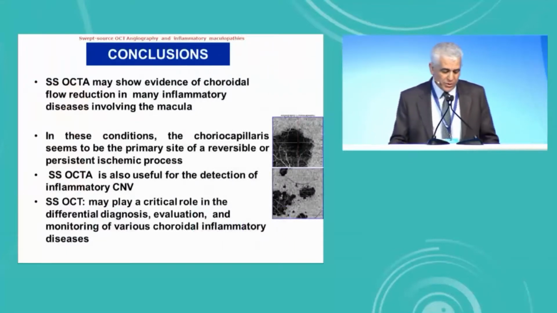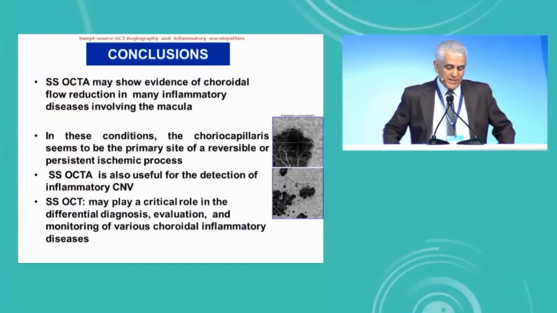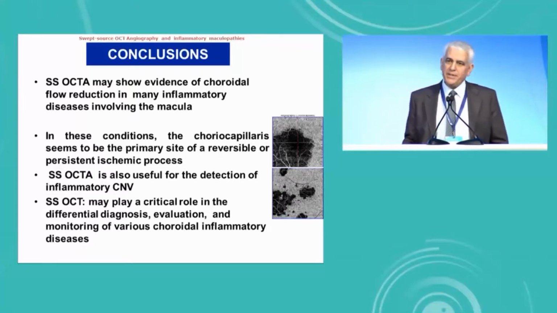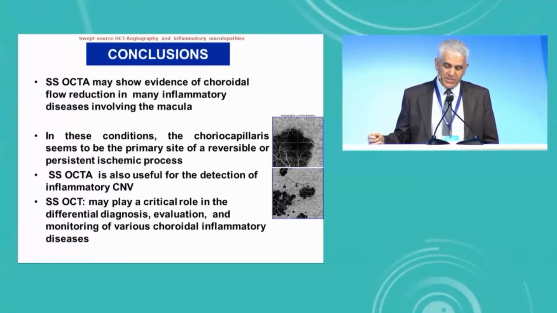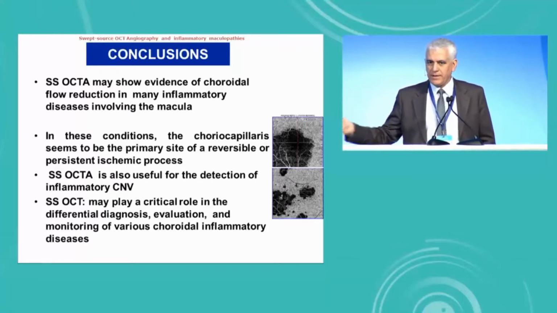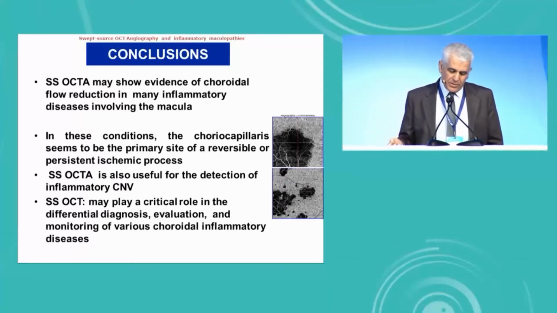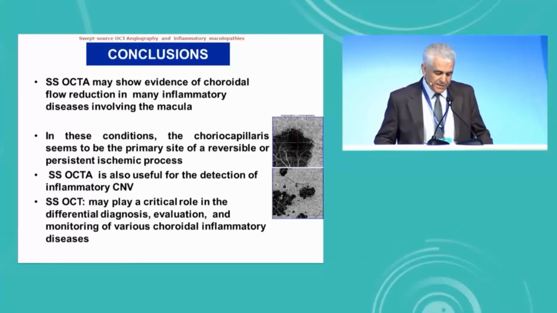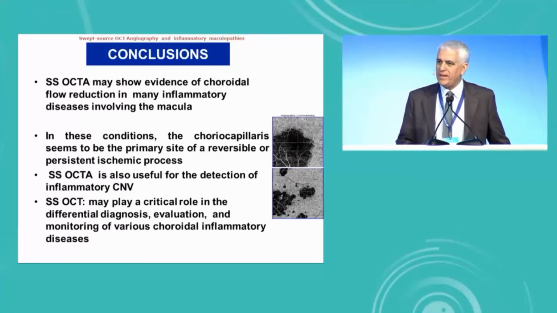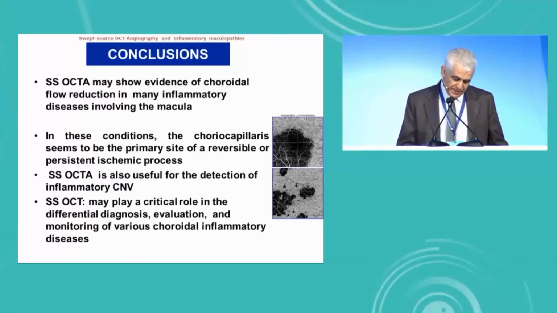So in conclusion, swept source OCT angiography may show evidence of choroidal flow reduction in many inflammatory diseases, what we call white dot syndromes and other entities. In these conditions, the choriocapillaris seems to be the primary site of a reversible or persistent ischemic process.